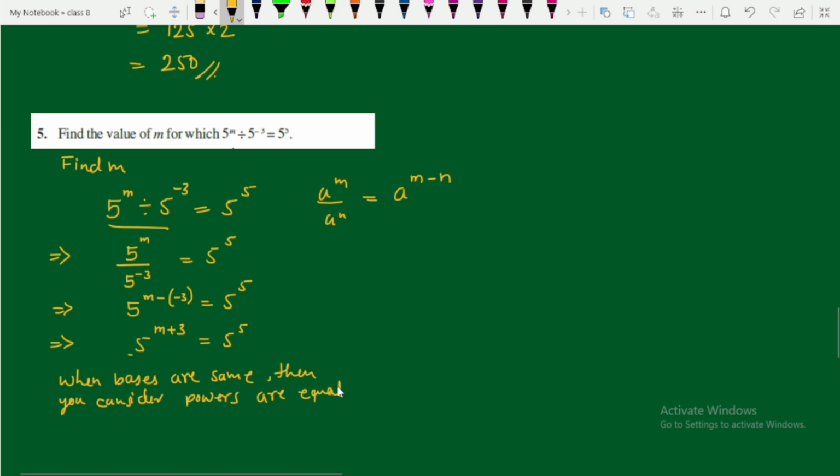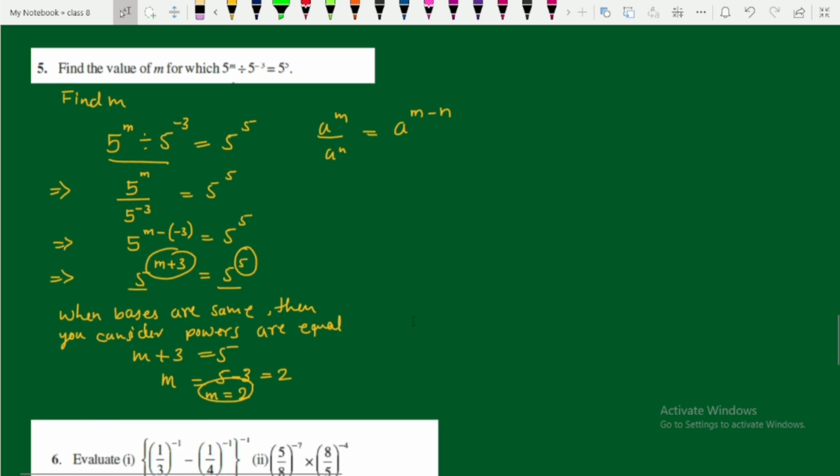Here the bases are the same, so you can take m plus 3 equal to 5. That is, m plus 3 equal to 5. Therefore m equal to 5 minus 3, as we can transpose the 3 to the RHS, so it is minus 3. So m equal to, you will get the answer as 2. This is the answer, m equal to 2.